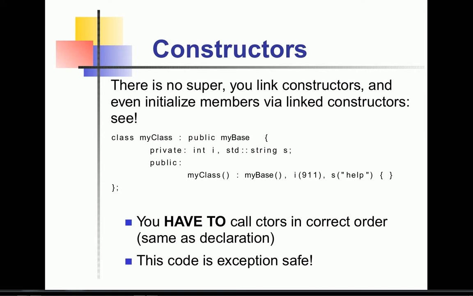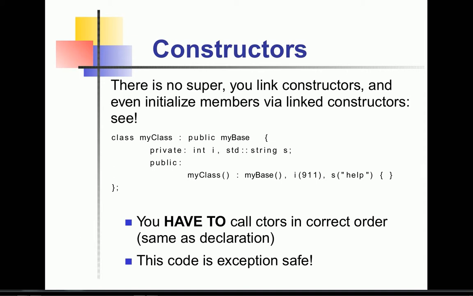Let's talk about some more important topics in C++ before you're ready to use it in the course. Constructors. There is no call to super to call the constructor of the parent class, but what you do is you link constructors and even initialize members via linked constructors. As in this example, you have a class called myClass which inherits from myBase.